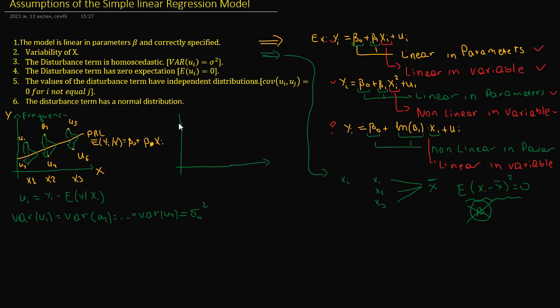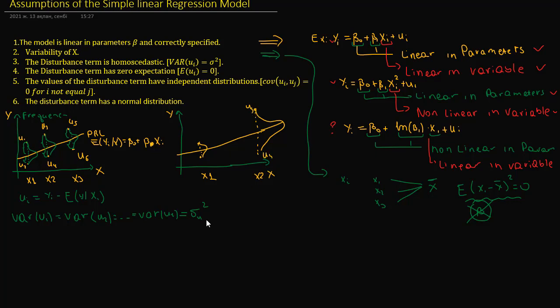Here is an example with X1 and X2, and we can see the variance at points 3 and 4.